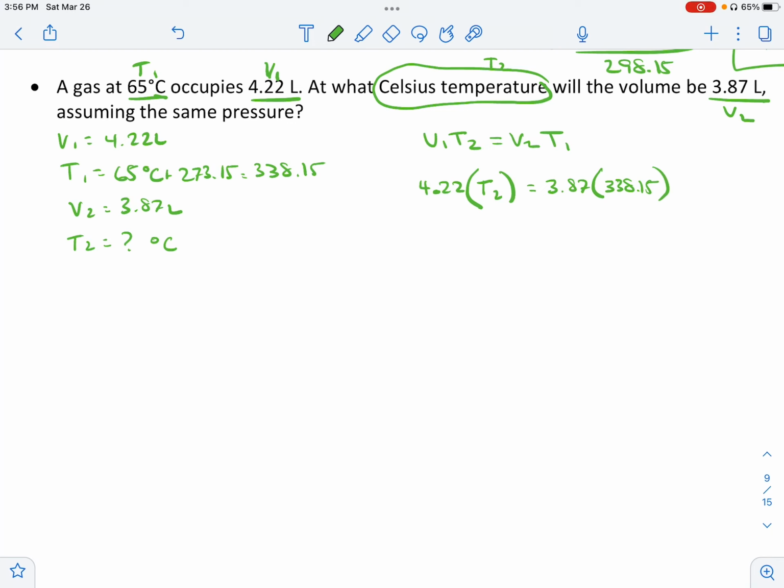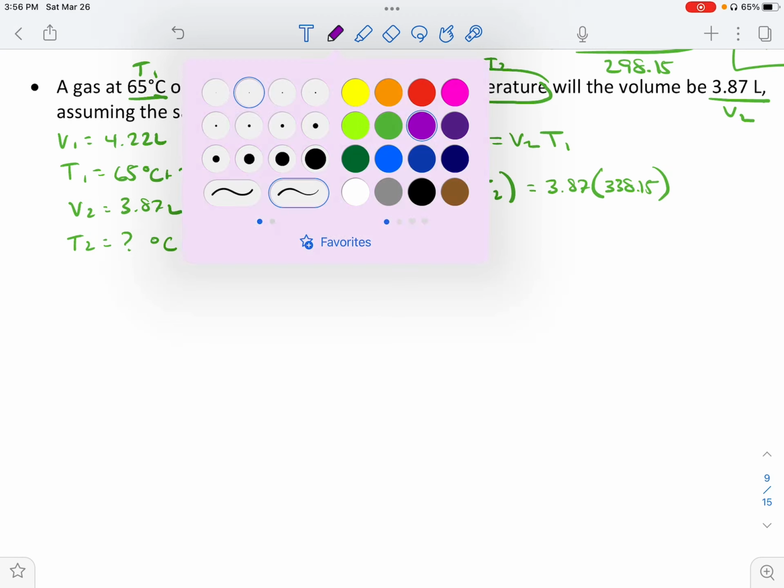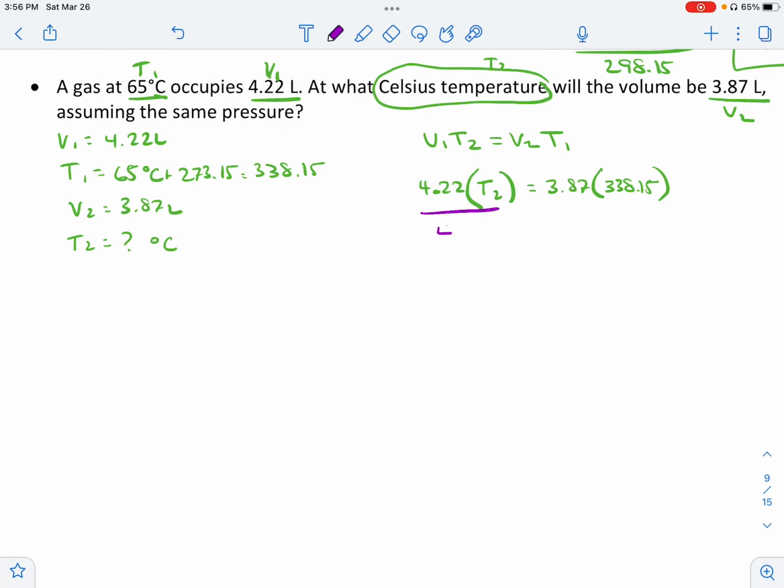So how do we get T2 by itself? We're going to divide by 4.22 on each side to get it to cancel out. Now T2 will be by itself: 3.87 times 338.15, and then divide by 4.22.